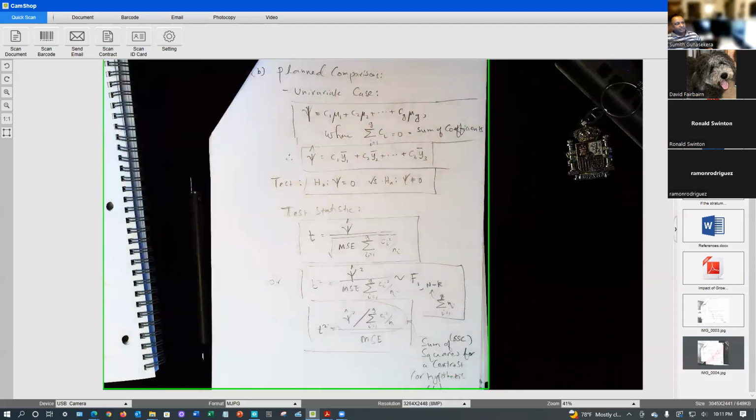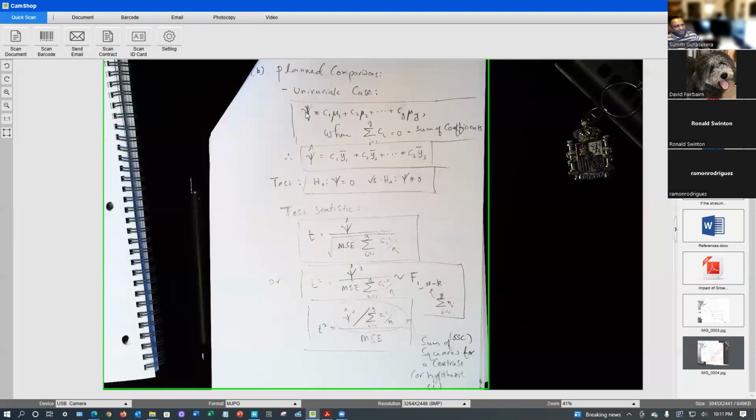Let's say that you have G groups. I'm talking about the univariate case. Here, thinking that you have only one variable, that particular categorical X variable has G groups. These are called psi.